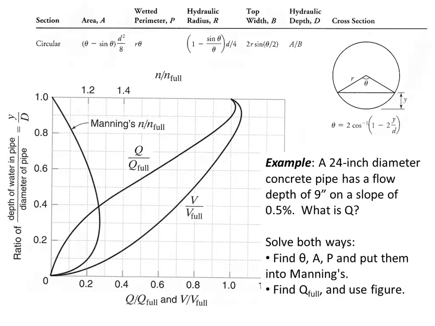And so it's a non-linear relationship between increasing depth and increasing capacity. So we've got 37% of the full depth, 24% of the capacity, and so we multiply 0.24 by what the capacity would be if the pipe was full. We get 3.85 cubic feet per second. Any questions about this first procedure here?